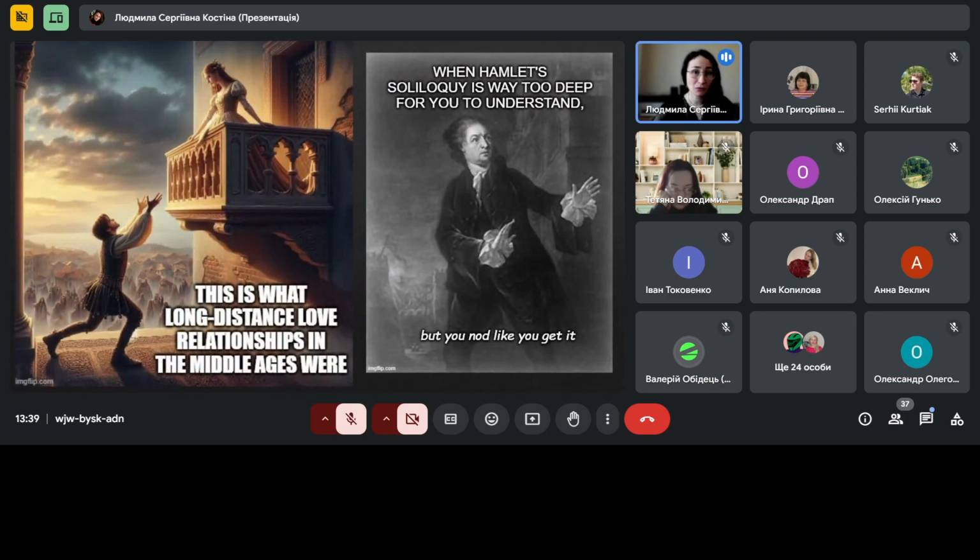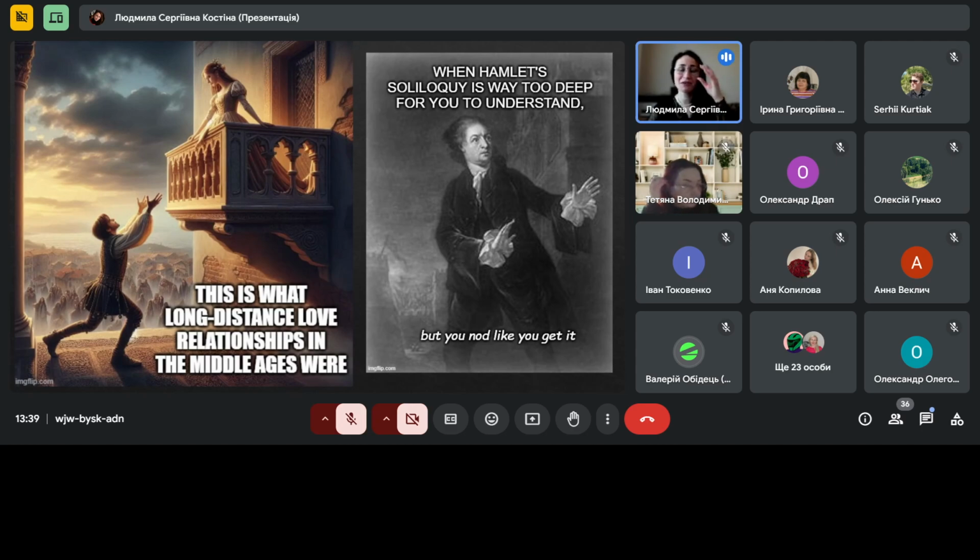A little bit of classics, yeah? So this is what long-distance love relationships in the Middle Ages were. You can see a couple of young men, yeah? Well, and another one is about the reaction of a person when Hamlet's soliloquy or monologue is way too deep for you to understand, but still you nod like you get it, yeah?